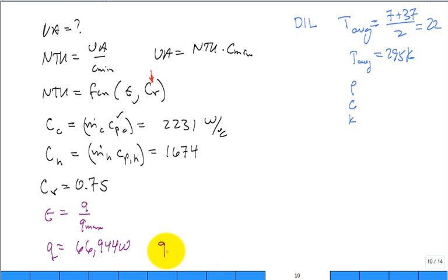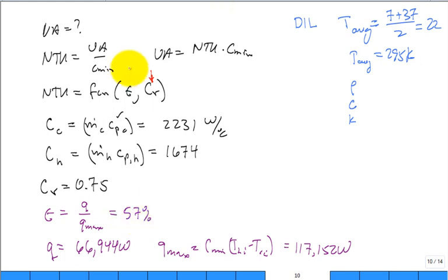And the Q max is C min times temperature hot in minus temperature cold in. And that came in at 117,152 watts. Hence the effectiveness we back calculate to be 57%. So we have now the effectiveness.